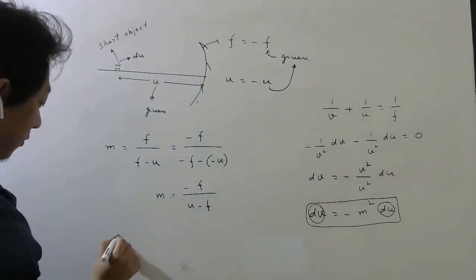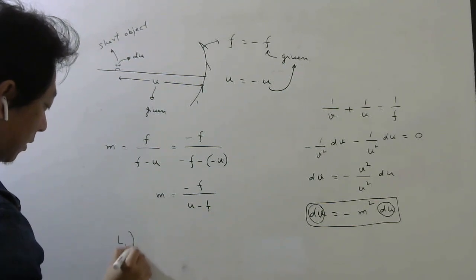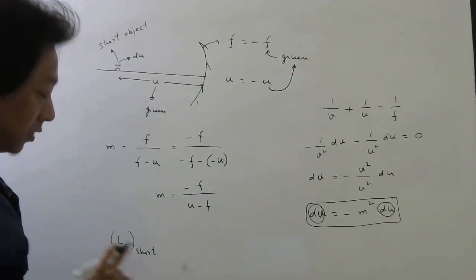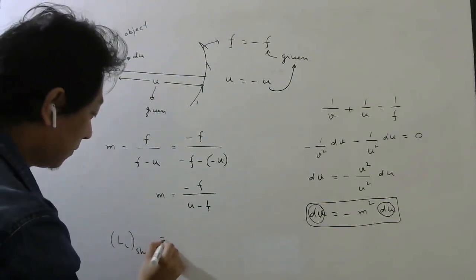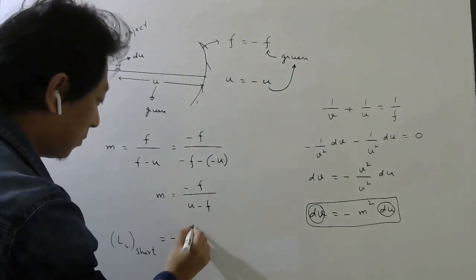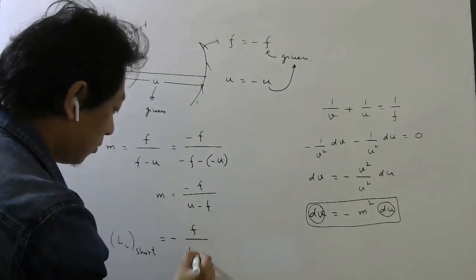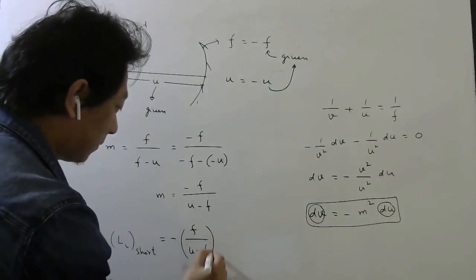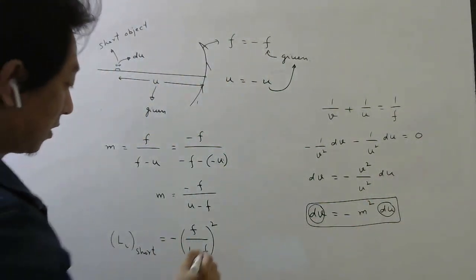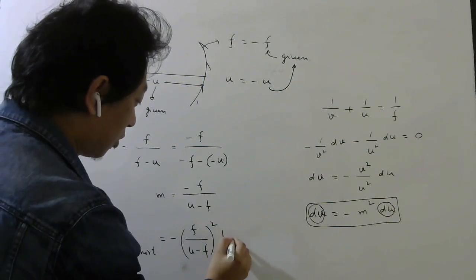So length of image, if it is short, will be equal to minus m square du. If you do m square, minus will become plus. So f by u minus f whole square into du. What is du? Length of short object.